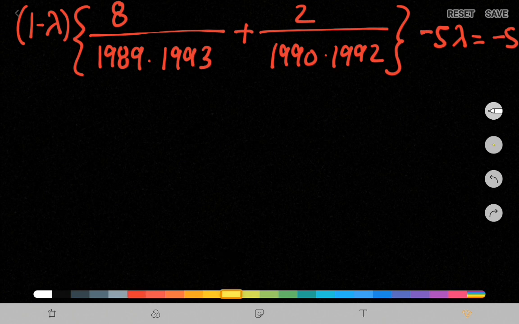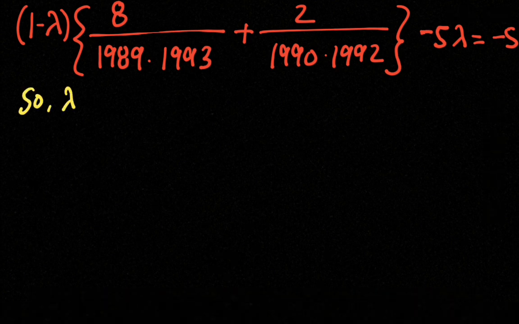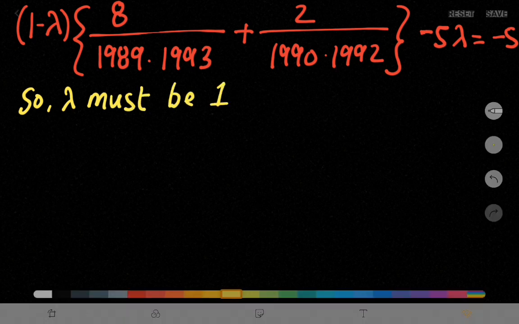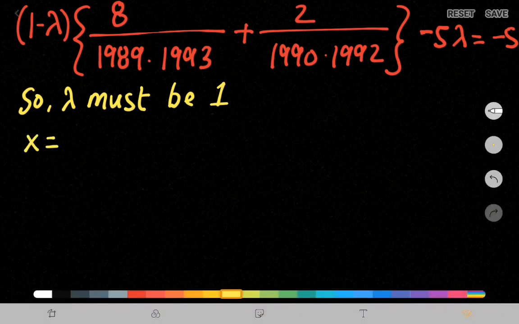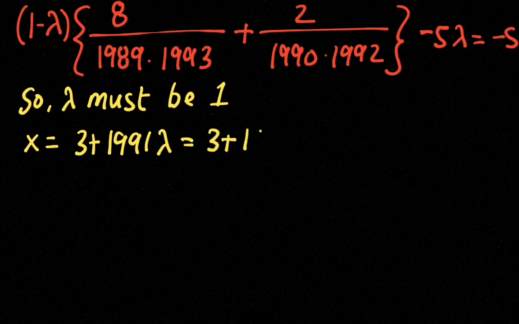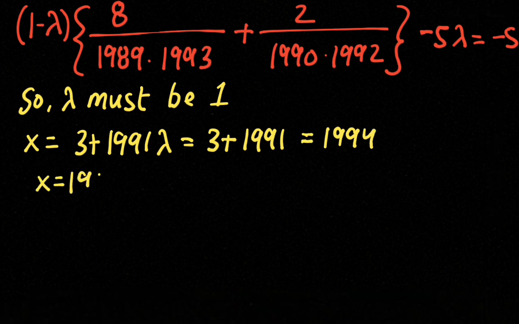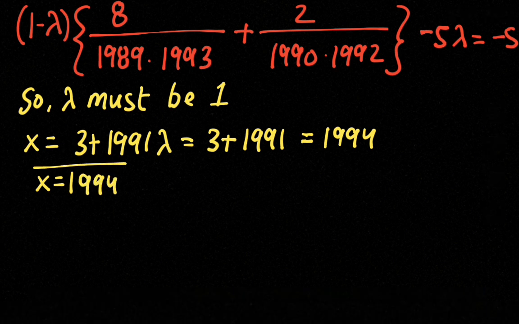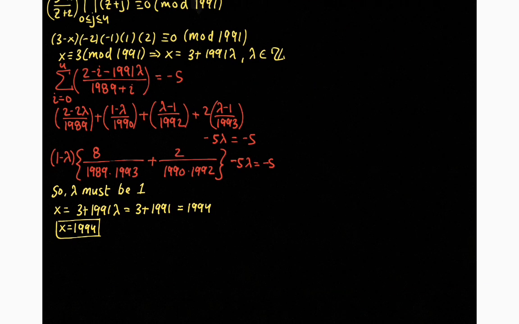So lambda must be 1, and if lambda is 1, we know that x equals 3 plus 1991 lambda, 3 plus 1991, 1994. Which is the answer? So x equals 1994 is the answer to this problem.